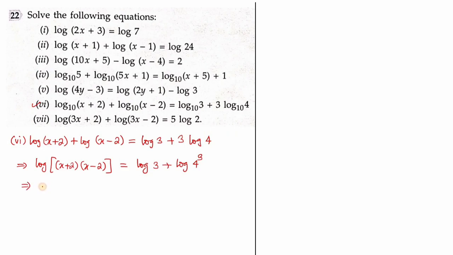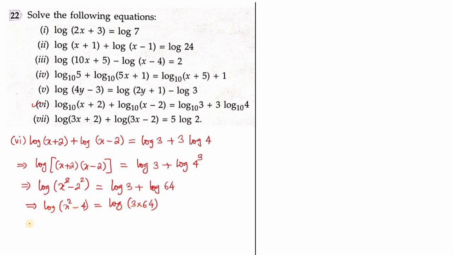So then this is in the form of (a + b) into (a - b), which is a square minus b square, is equal to log 3 plus, okay, so 4 cube is 64, so it is log 64. So then it is log(x square minus 4). So again you can apply the product rule here, so 3 and 64 will get multiplied.